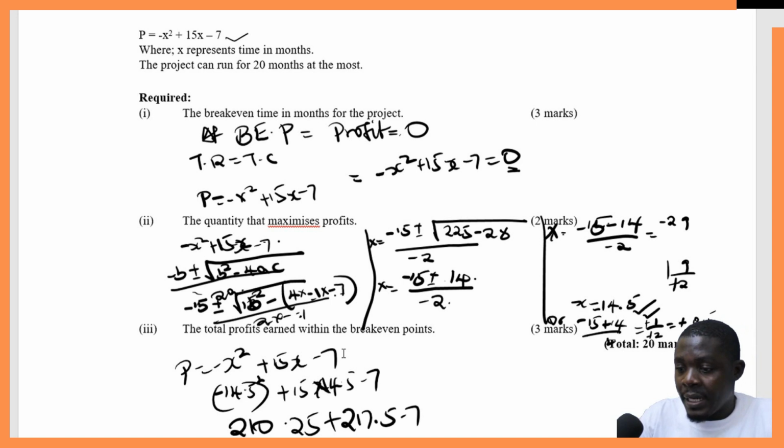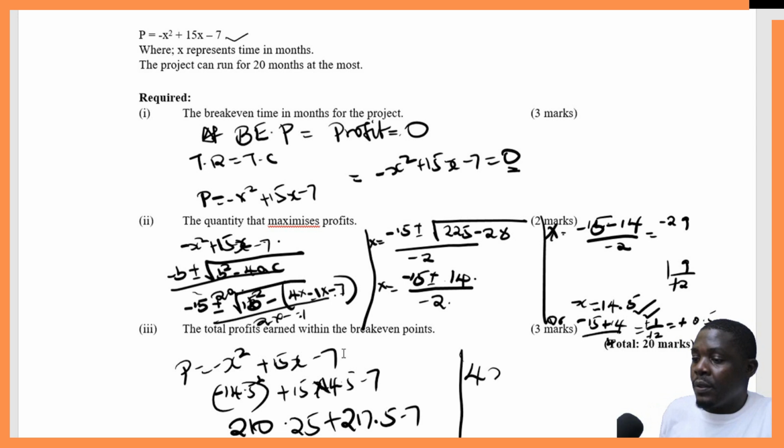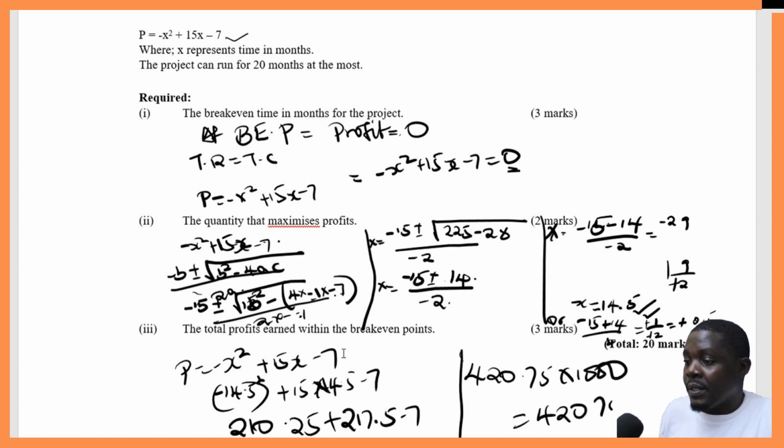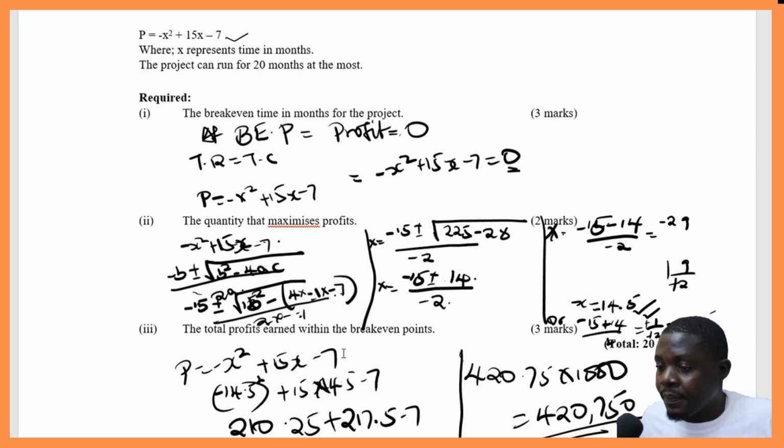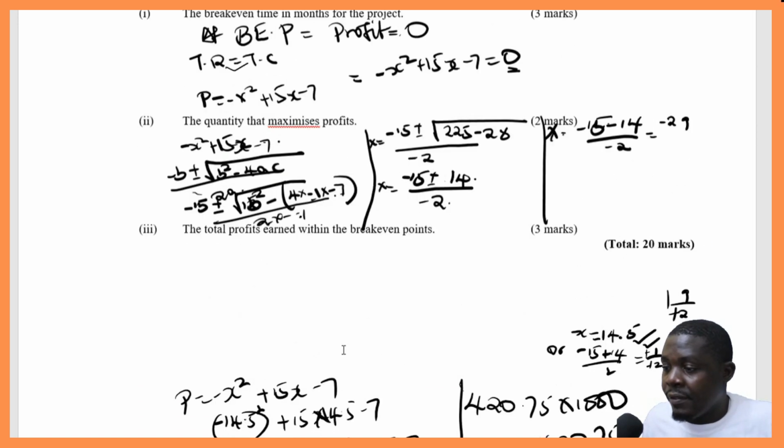Now the answer, adding to 210.25, this one minus 7, we have 420.75, but they were in thousands. Now we multiply by 1,000. 420,750 as the profit earned within the break-even point.